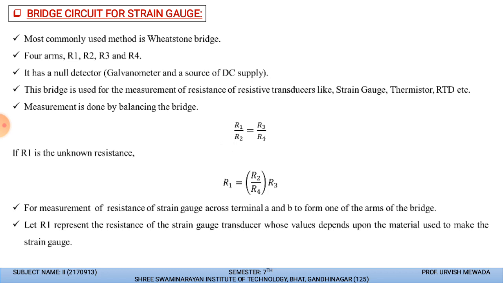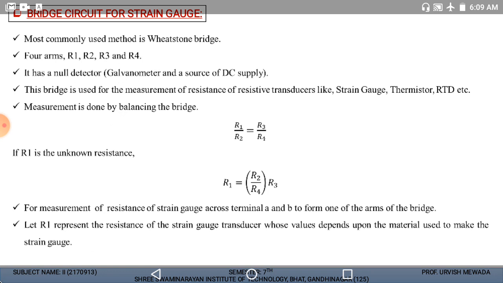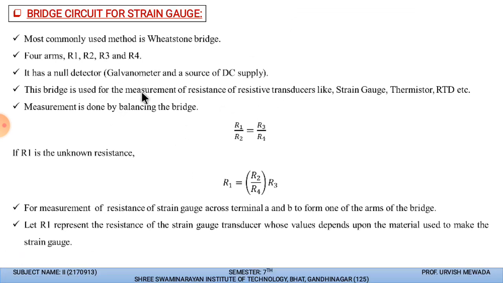Whenever we apply the strain on this circuit, we can see the deflection of the galvanometer, as the arms of this Wheatstone bridge get unbalanced, and we will get the output in terms of electrical voltage in the galvanometer.